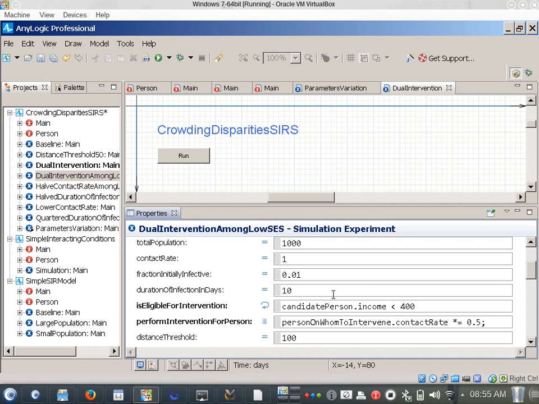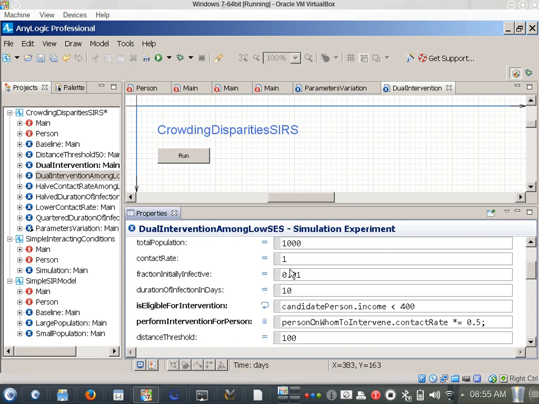So one point of reminder for the group as a whole: if you modify scenarios playing around, try to remember to restore them because it's very easy to omit that. So here we're going to have a dual intervention among SES.